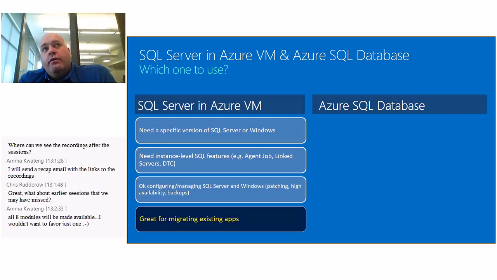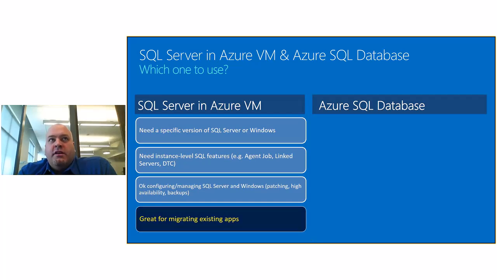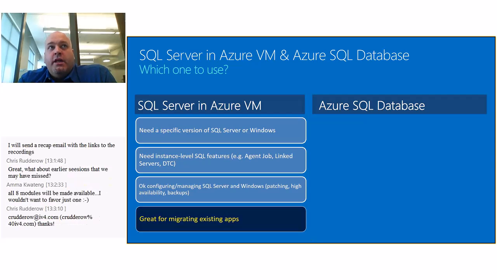You also would want to use that when you need instance level features like replication, agent jobs, link servers, DTC, things along those lines. And you use that when you're okay configuring and managing SQL Server and Windows on your own. So you're responsible for managing the patching, high availability, and backup. It's really great for migrating existing applications to it.